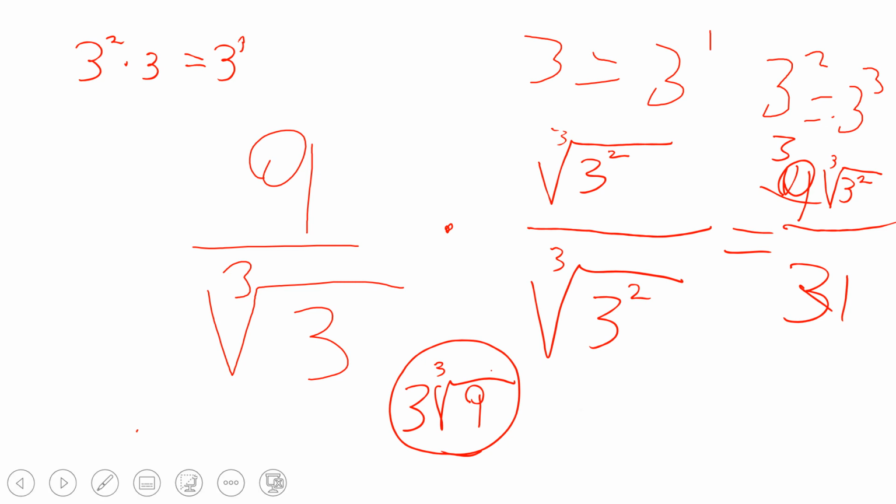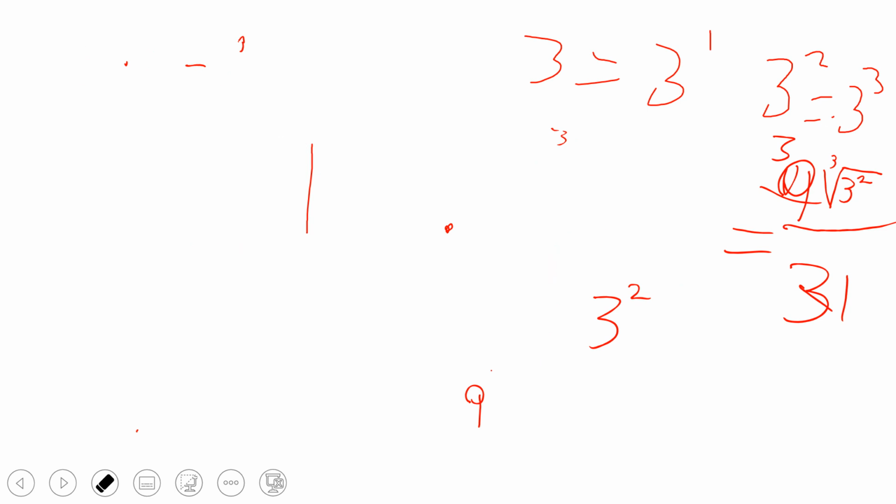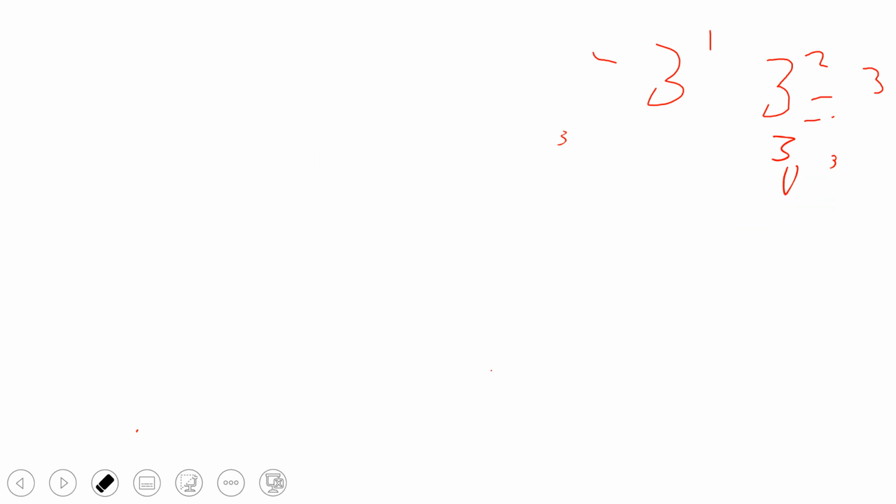We are going to see a different type of problem. When we rationalize the denominator, we're just strategically multiplying by something over itself, which is just equal to 1.